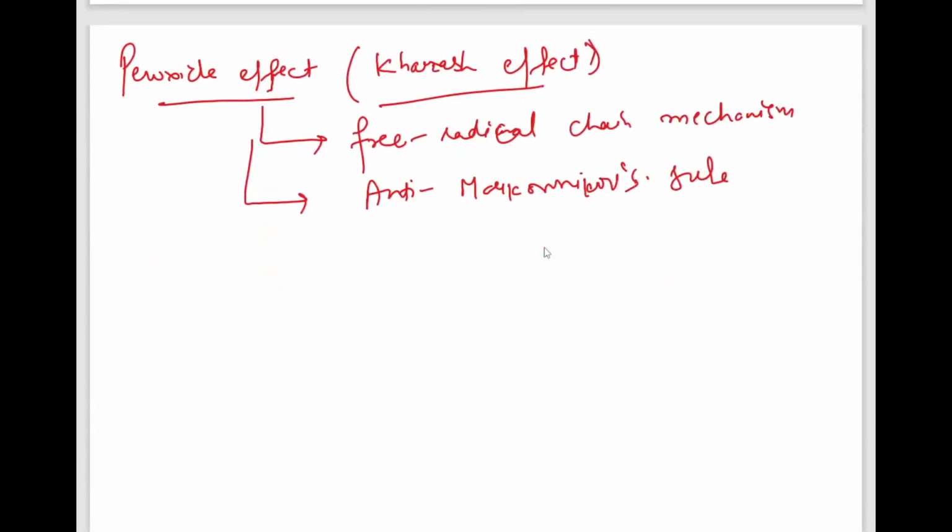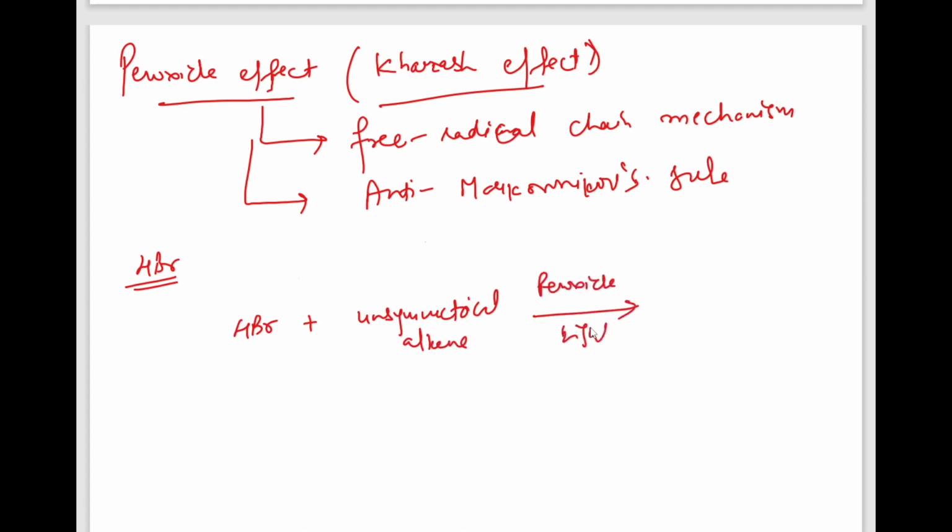Now, if we discuss the peroxide effect shown by HBr, first of all we will discuss what the peroxide effect is. In the peroxide effect, HBr is added to any unsymmetrical alkene in the presence of peroxide and light, and we get our product.